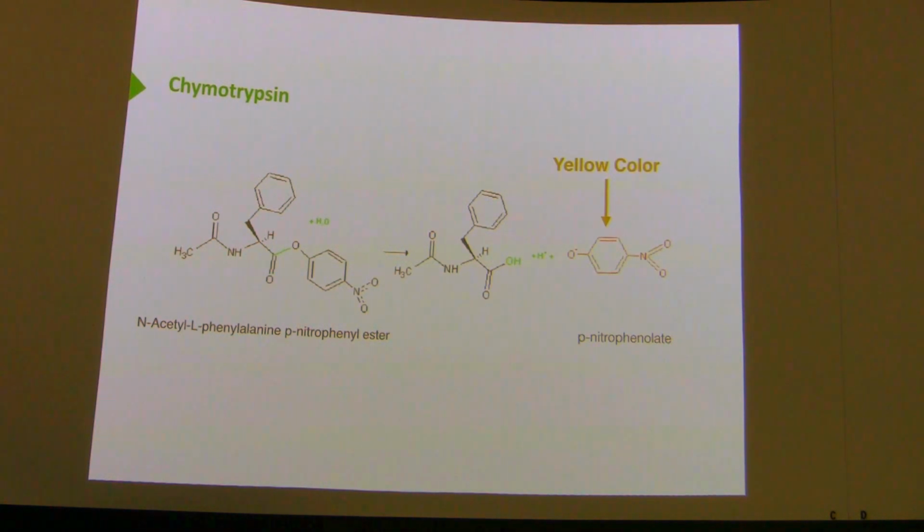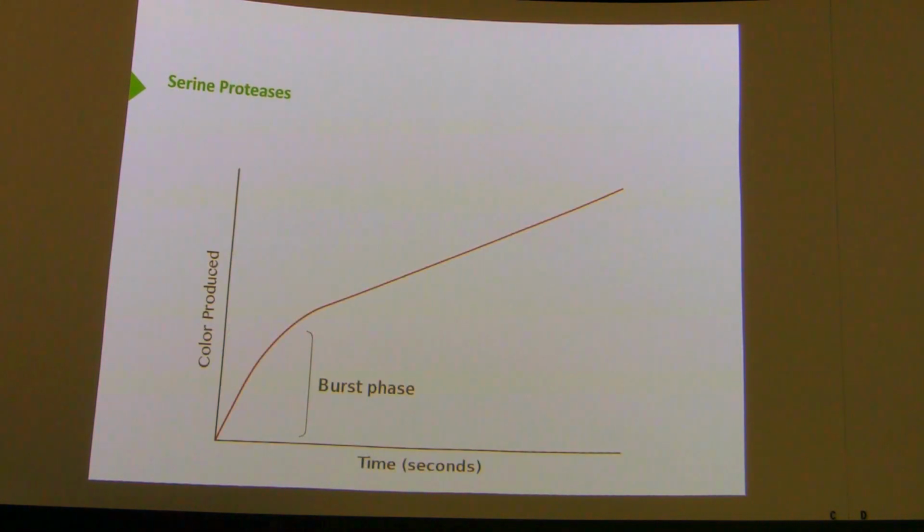Okay. All right. So anyway, the point is that cutting this molecule into two pieces produces one molecule that has a color, and we monitor the production of that color. Now, if we do that, we see something interesting, and it is here.